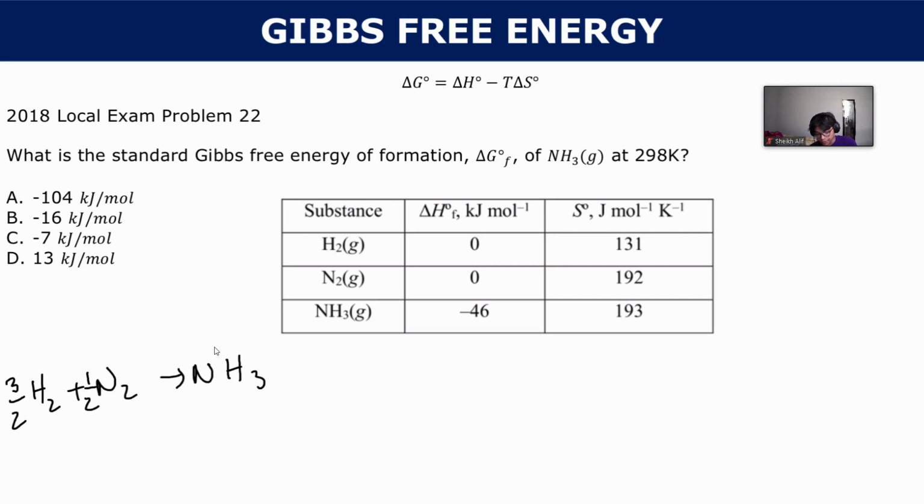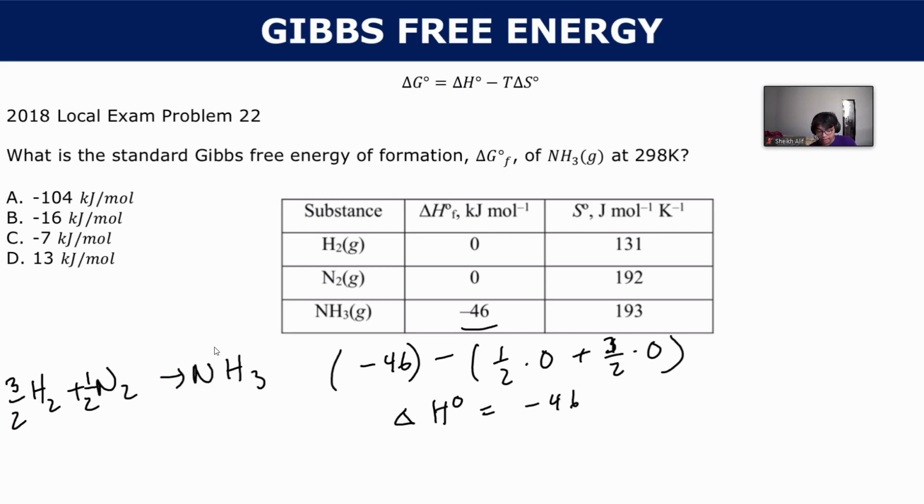Products for NH3, let's start with the enthalpy first: minus 46, minus 1/2 times 0 plus 3/2 times 0. So our change in enthalpy is minus 46 kilojoules per mole.